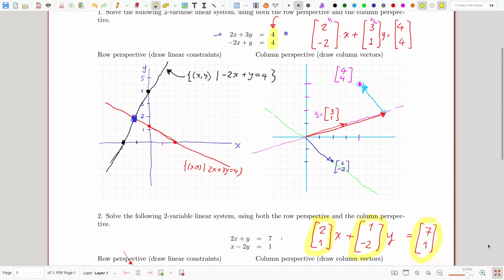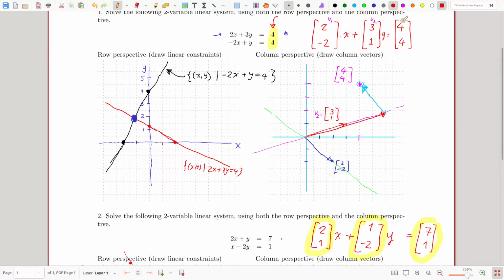So x is the scaling of this vector in this direction, so it's minus something close to 1. But y is the amount you scale V2, so it's roughly 2.